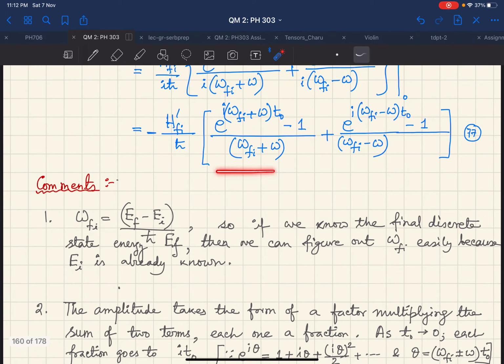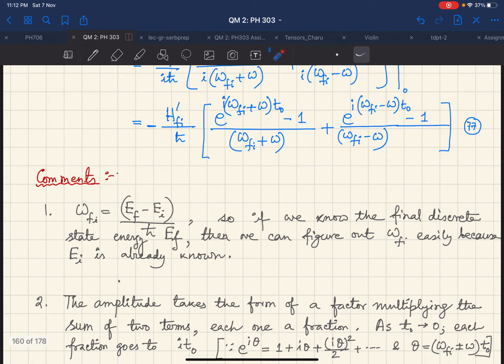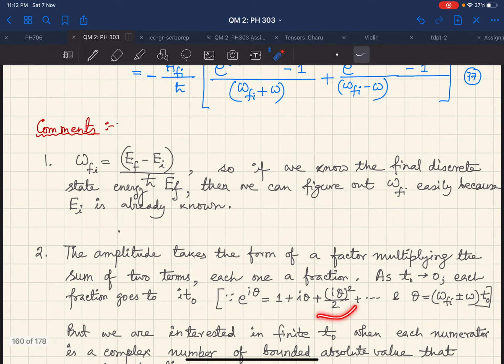in this expression. Then immediately you know that this object e to the I omega Fi plus omega T0 is of the form e to the I theta, where theta is omega Fi plus omega times T0. Now this e to the I theta we can obviously expand as 1 plus I theta plus theta squared by 2 and so on.